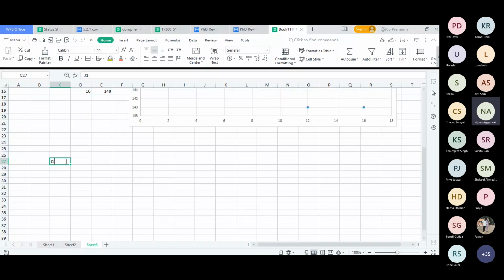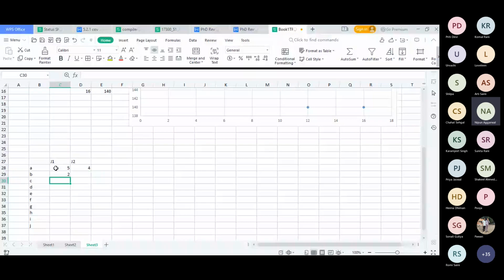Suppose there are two judges, J1 and J2, and there are 10 contestants A, B, C, D and so on. A contestant comes and judge 1 gives the rank 5, and judge 2 has given rank 4.